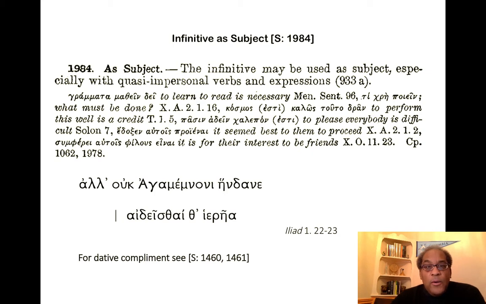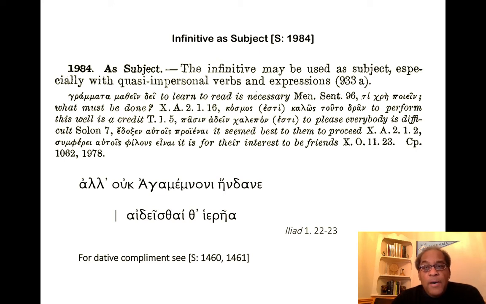And so grammata, letters, manthanein, to learn, it is necessary. And this gets translated, to learn to read is necessary. Or second example, what must be done? "Ti chre poiein?" What is it necessary to do?